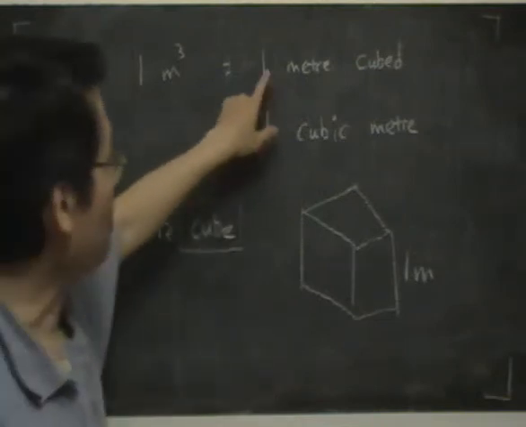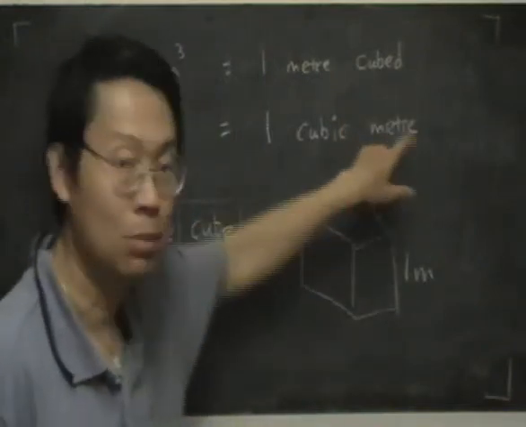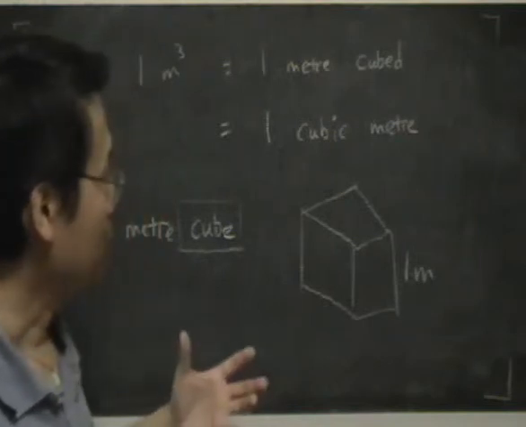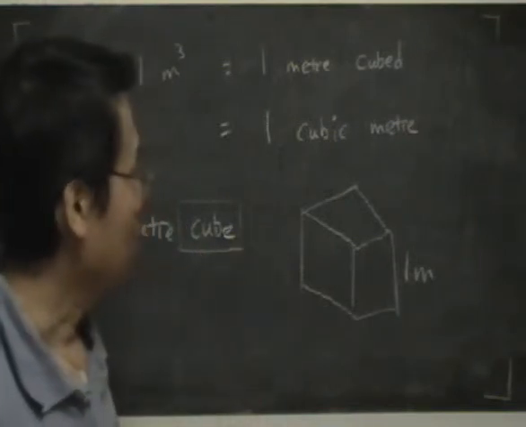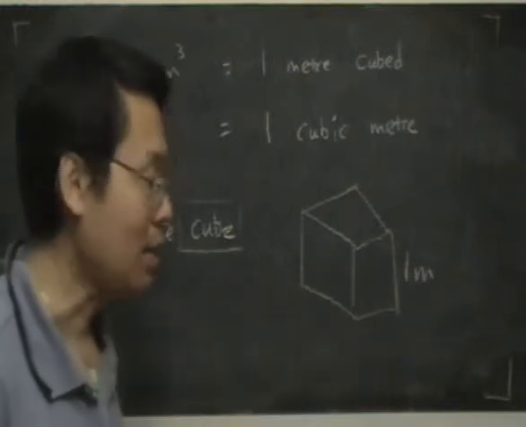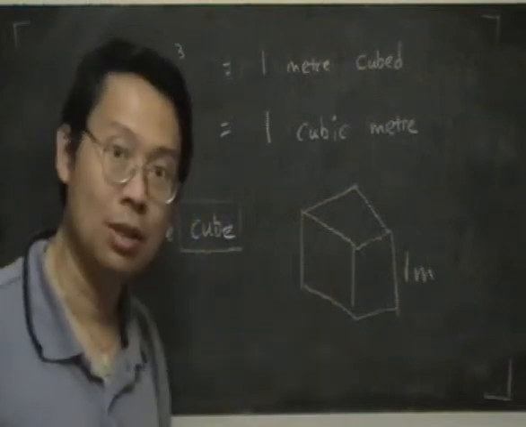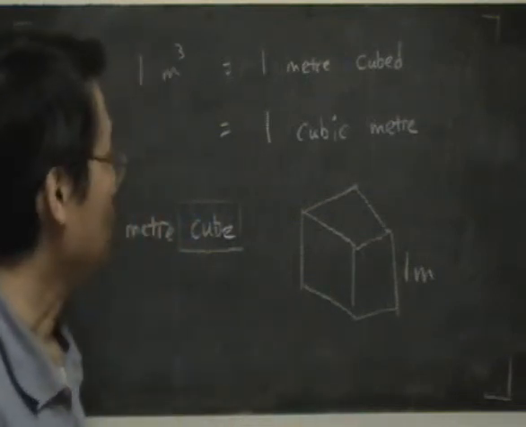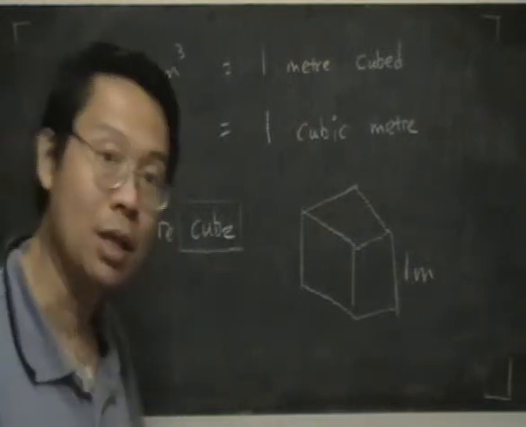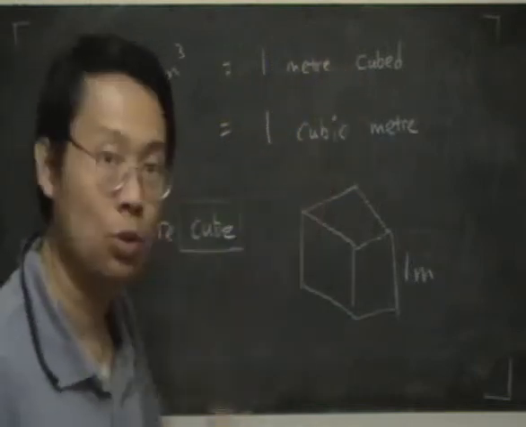Whereas if you are talking about 1 meter cubed with the D, or 1 cubic meter, it refers to an object with the same volume as this cube, but the shape does not have to be a cube. It can be a sphere, it can be a cylinder, or it can be any other shape with this 1 meter cubed volume.